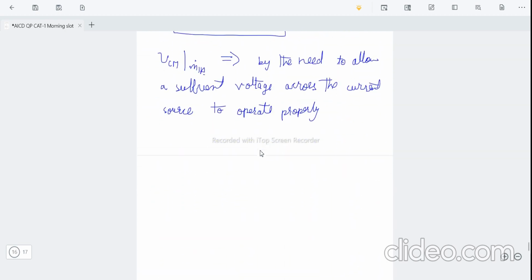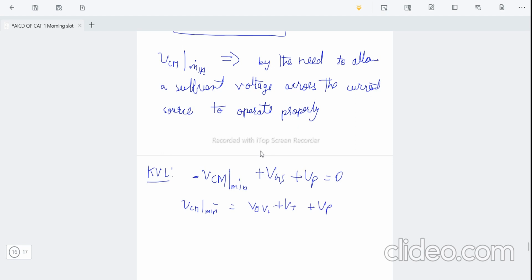Once we apply KVL on the inner loop on the input side, VCM minus VGS minus VP equals 0. This is just a KVL on the input loop. So VCM min would be, we can write VGS as VOV1 plus VT, plus VP.